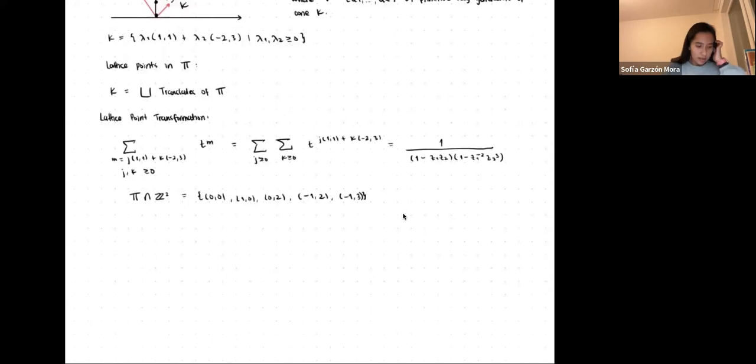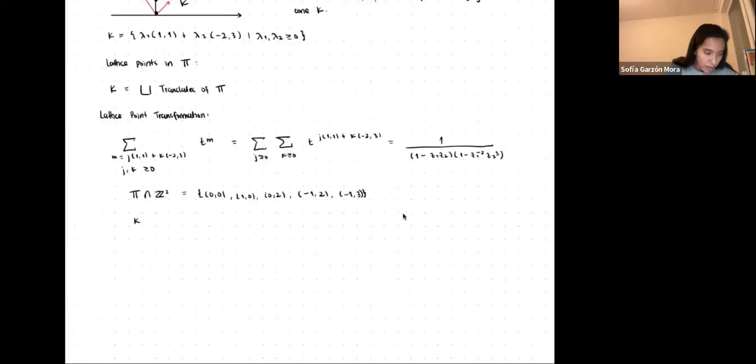So basically it's the lattice point transformation, and when I take into account all of the points on the cone, it will give me something like, on the top part, a contribution from the fundamental parallelepiped, and I'm transforming all of this into monomials.